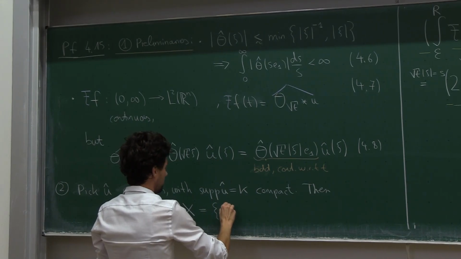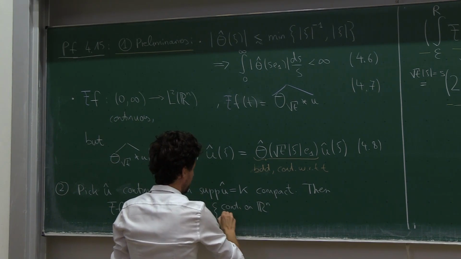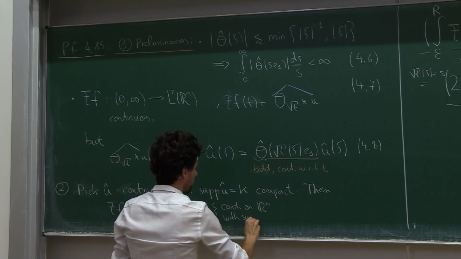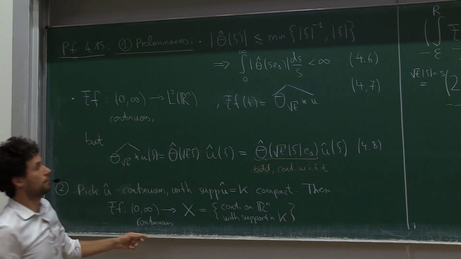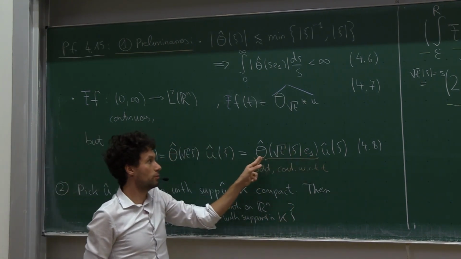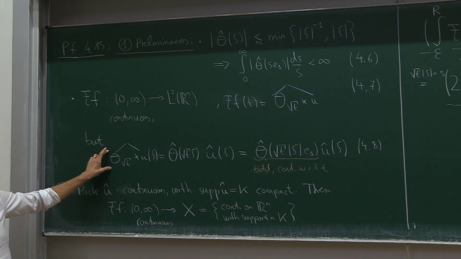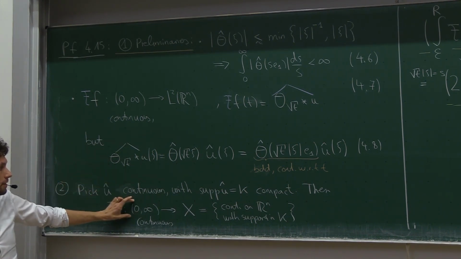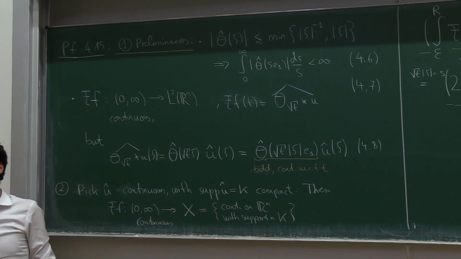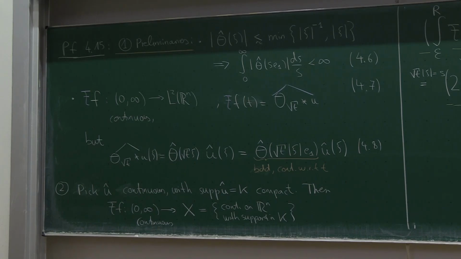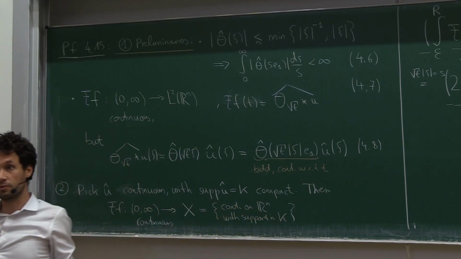functions continuous on Rn with support in K. Okay? Because if u hat is supported in K, then all these functions are supported in K. And this map becomes a continuous map from 0 to infinity into the Banach space of continuous functions on Rn that vanish outside of this set K. This becomes a Banach space for the supremum norm.